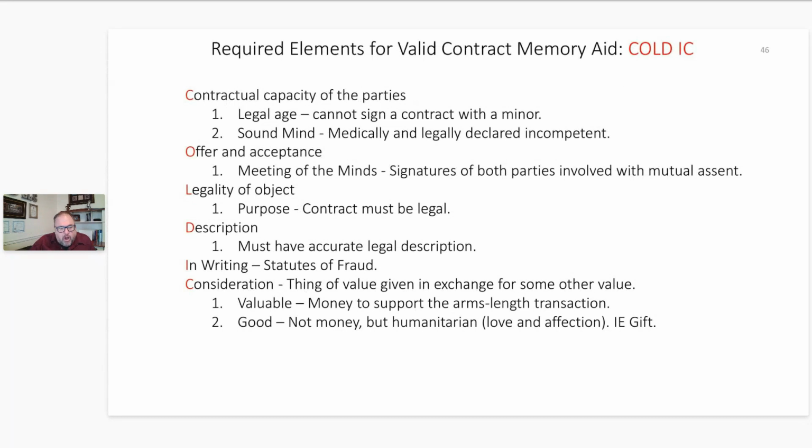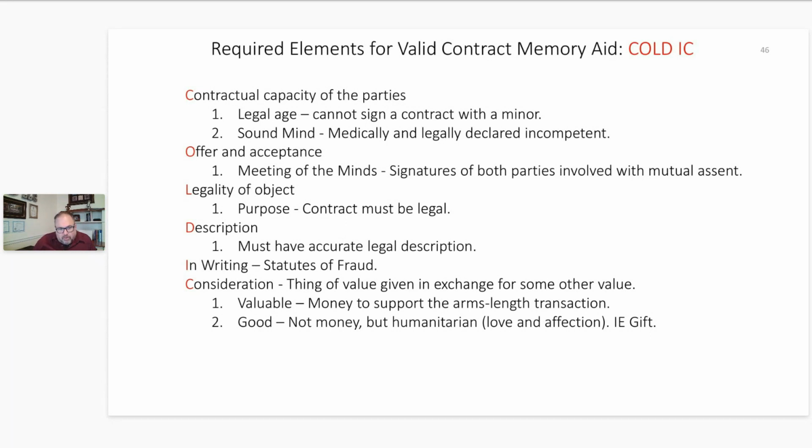All right, continuing on. I like this memory aid called COLD ICE. This is what makes a contract valid. These are the required elements to make a contract valid. You've got to have contractual capacity, which is legal age and sound mind. You've got to have a meeting of the minds, or offer and acceptance, signatures.